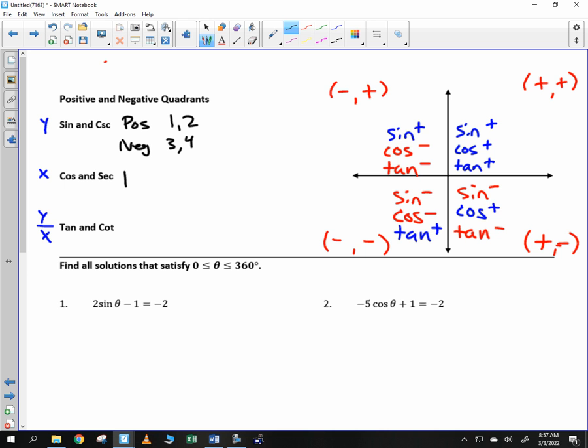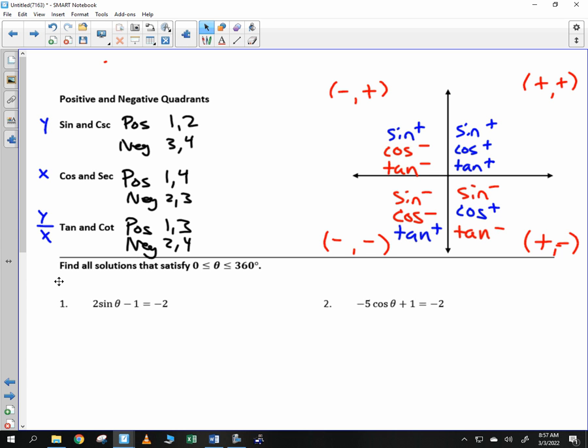Positive in the first and fourth, and negative in the second and third. And how about tangent? First and third, negative in the second and the fourth quadrants. Think you can memorize that? Nope. Okay.